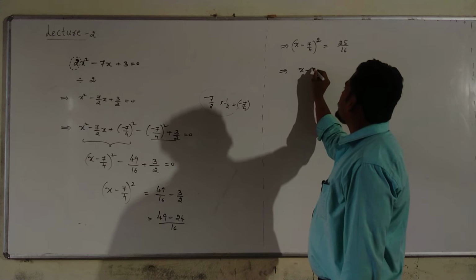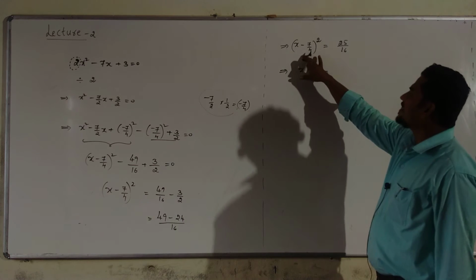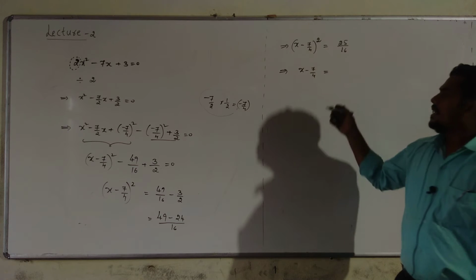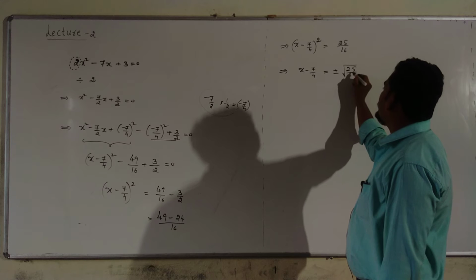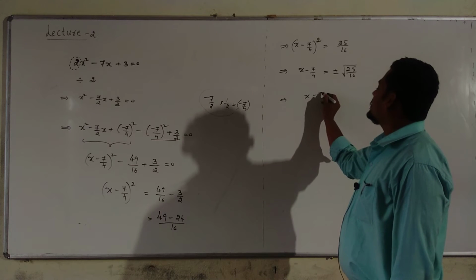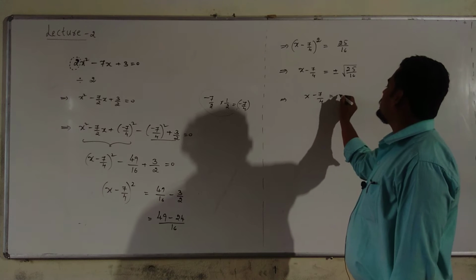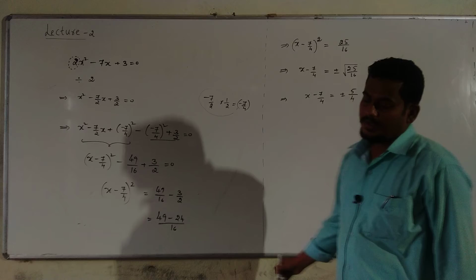After that we need x minus 7 divided by 4. Here it is like x square equal to some value, which means x equals plus or minus the square root of 25 divided by 16. That gives x minus 7 divided by 4 equals plus or minus 5 divided by 4.